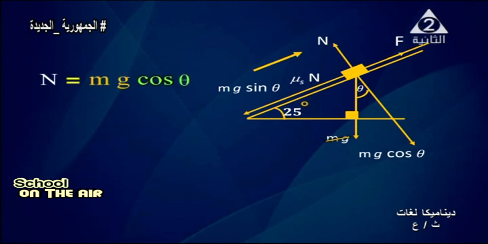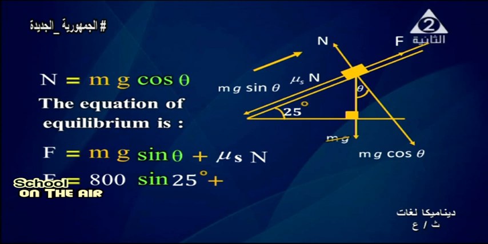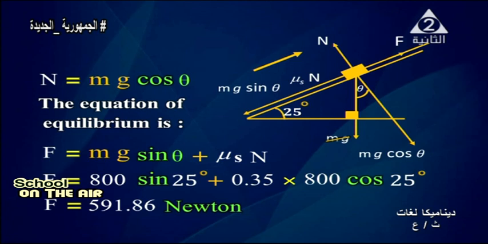We have N equals mg cosine theta, and the equation of equilibrium is F equals mg sine theta plus mu s N. Now F equals 800 sine 25 degrees plus 0.35 times 800 cosine 25. Then the force equals 591.86 Newton.